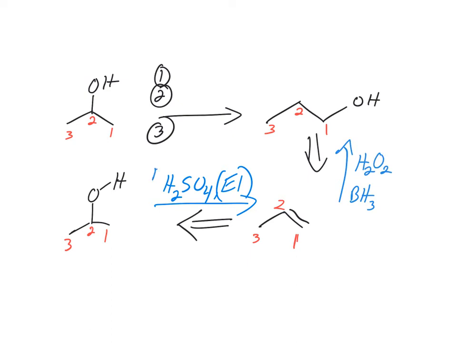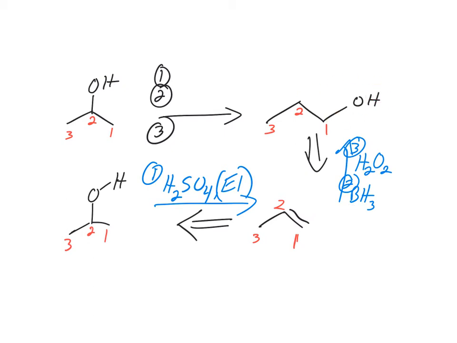So this would be reagent 1, reagent 2, and then reagent 3 to get that oxidation. So you do an elimination, get the alkene. BH3 adds to the less substituted carbon, and then you use H2O2 to take the boron off, and add the HOH to the less substituted carbon.